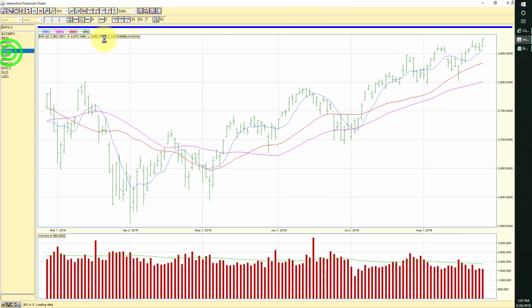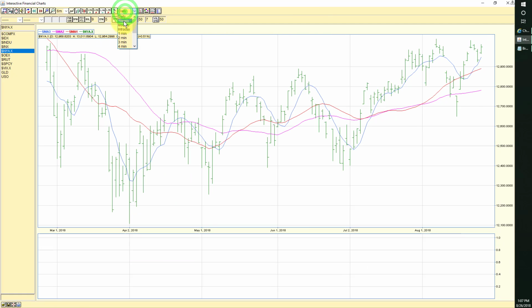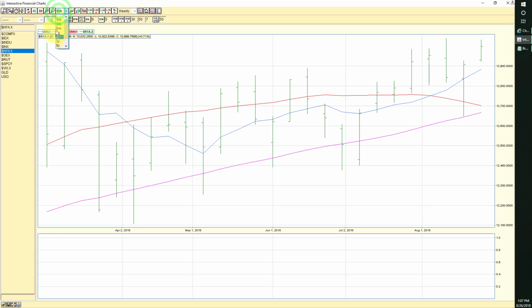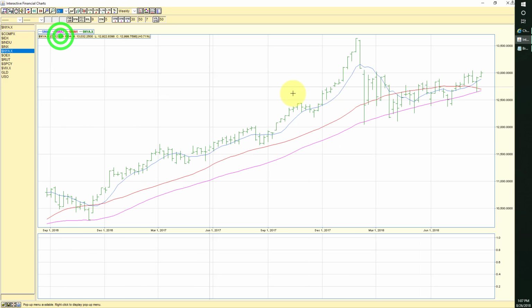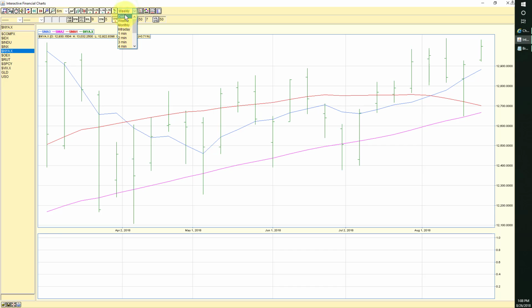Switching to the New York Stock Exchange Composite Index, looking at a weekly 2-year chart. This is the one index that has been stagnating all this time. It looks like we're wrestling with resistance at 13,000. Let's look at a 6-month daily chart.